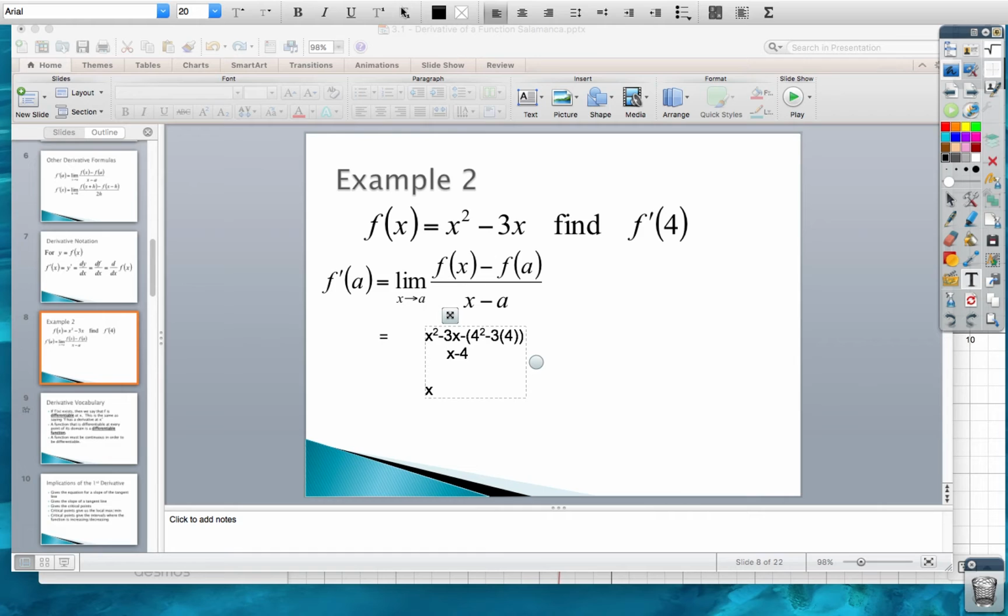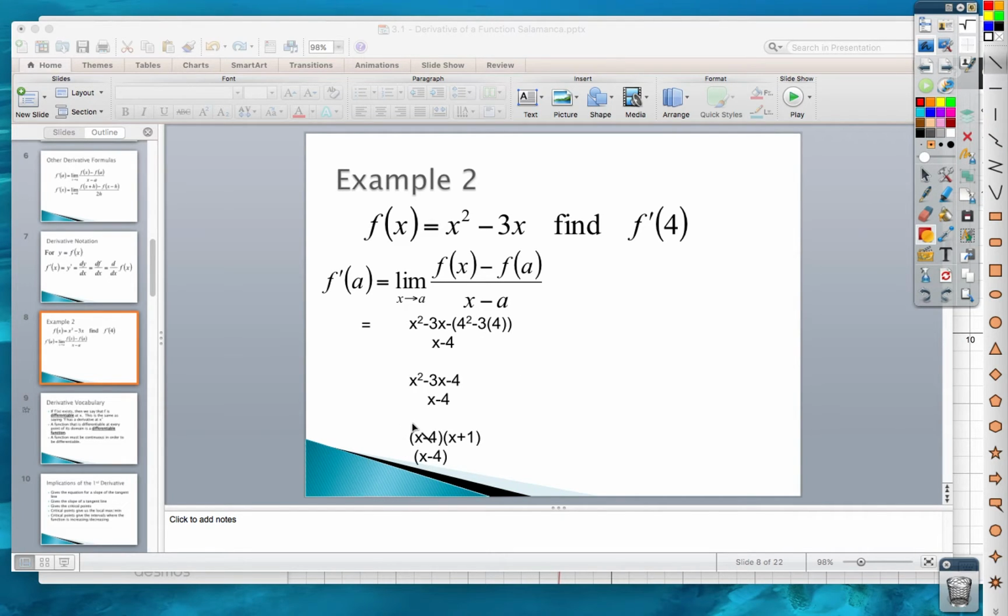We're going to be left with x squared minus 3x minus, now 4 squared is 16, 16 minus 12 is 4, so that's going to be minus 4, all divided by x minus 4. You'll notice that the numerator is factorable, so that is going to be x minus 4, x plus 1, all divided by x minus 4.